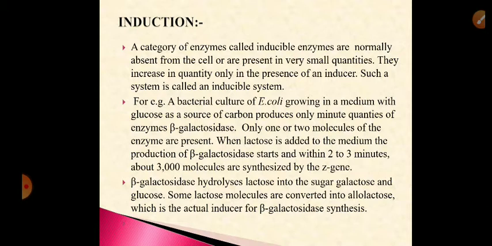That is why when E. coli is grown in presence of glucose, beta-galactosidase enzyme is produced in very minute quantity because it is not required. Only one or two molecules of enzyme may be present.